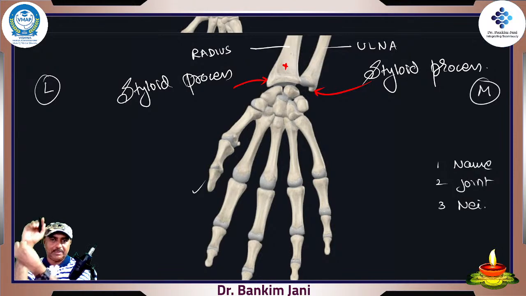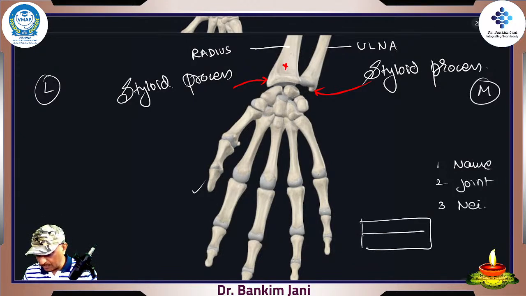There are 2 rows. This is the lateral side, this is the medial side. Pisiform is here, so obviously we have to start from the lateral side.